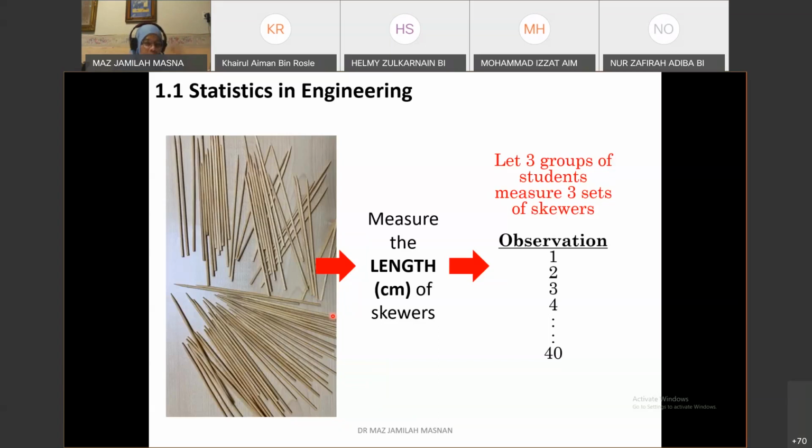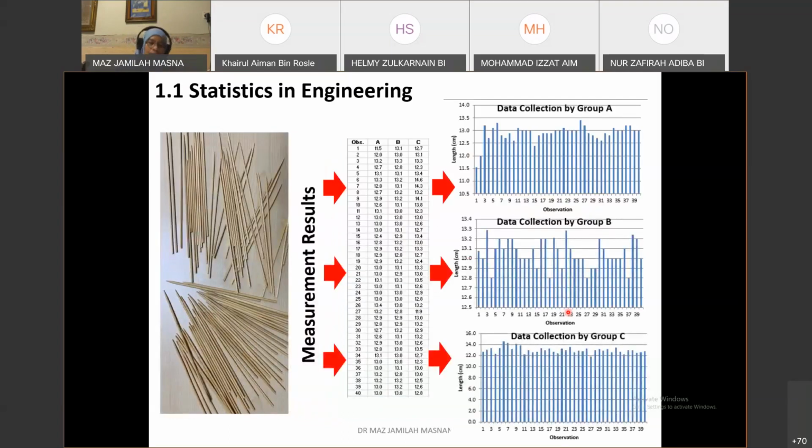Then I asked them to measure the length in centimeters. So there will be 40 observations from each package. It turned out that these are the results.